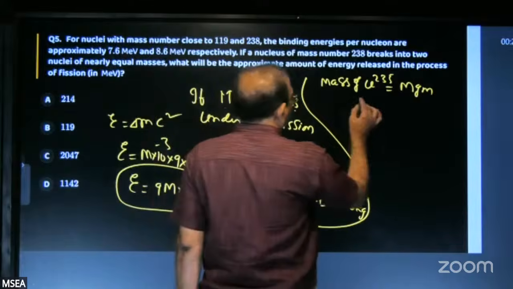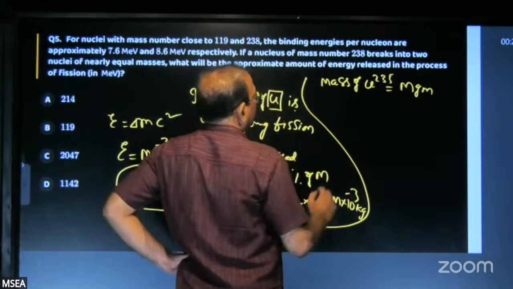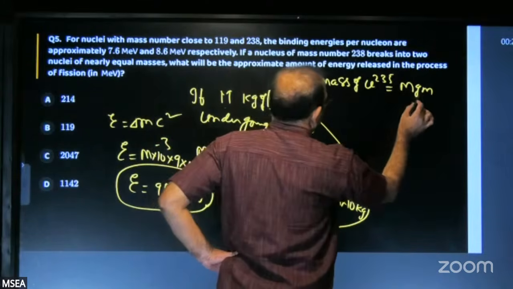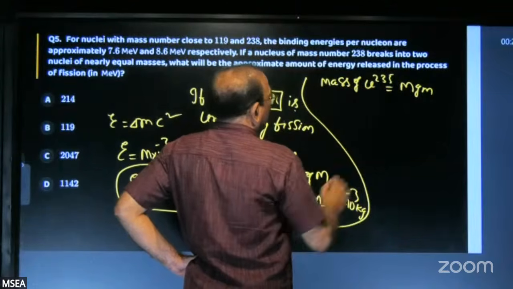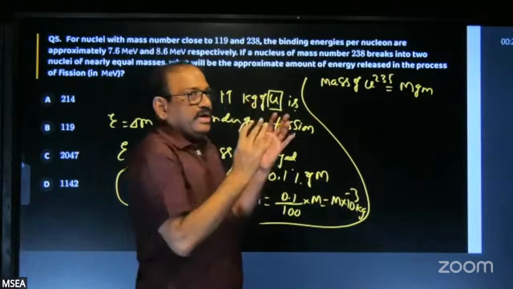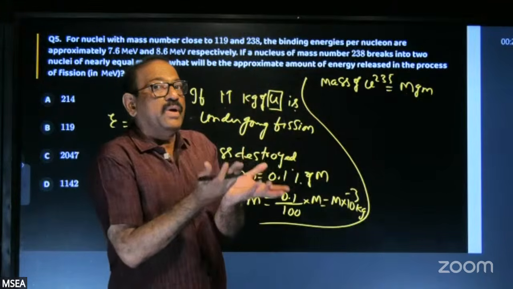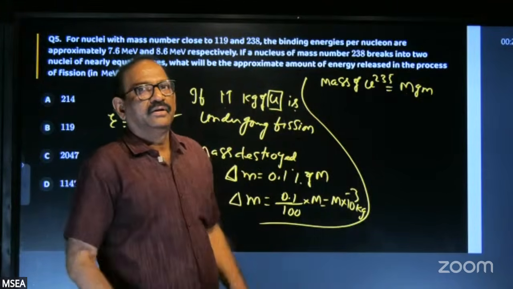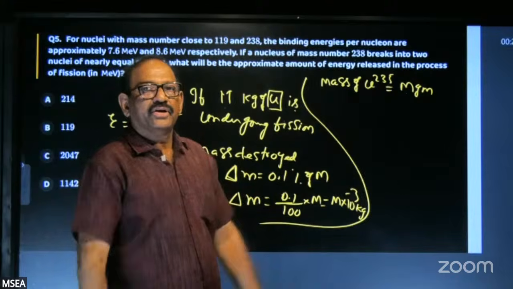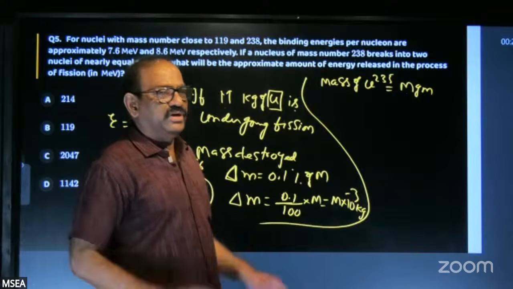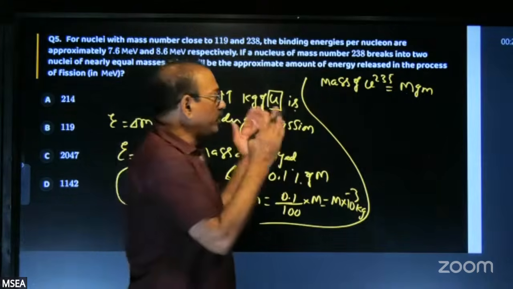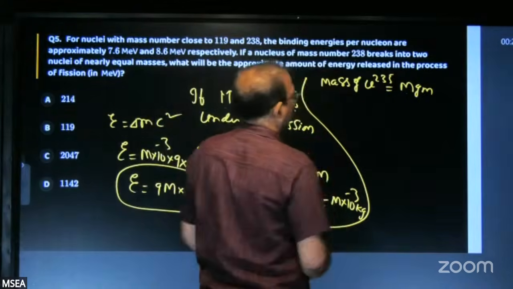Gram only you should take in this. Mass of uranium taken for the fission reaction is m gram. Now in this m gram of uranium, how many uranium atoms are there, to find? That many fission reactions take place. Every atom, every nucleus, will undergo fission. So how many atoms are there, to find?